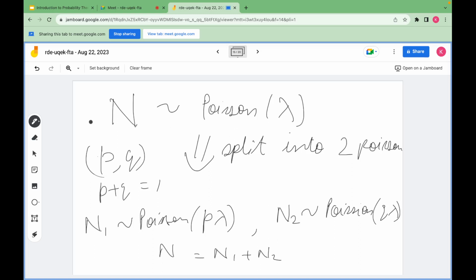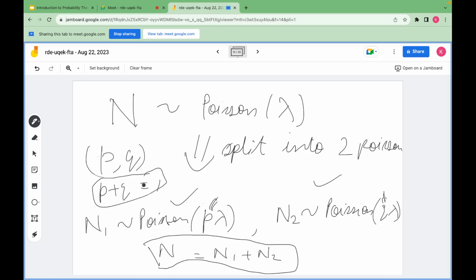So for a given Poisson distribution, we can split it into two Poisson distributions whose sum is equal to the actual Poisson distribution, only when the summation of probabilities of these two events is 1. Only then can we split this Poisson distribution into two separate Poisson distributions, and the parameters will become the event probability into the parameter.